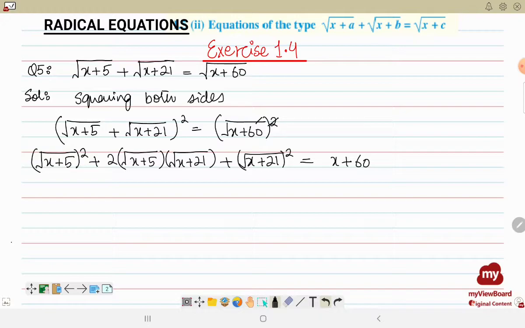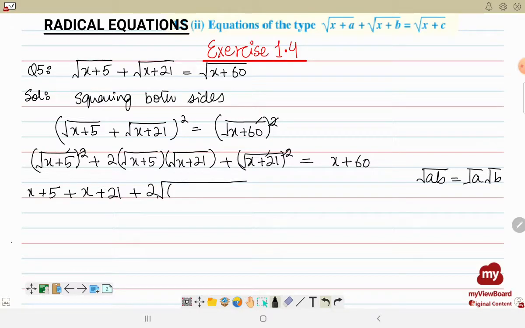Now let's solve the left hand side. The square will get cancelled by the root for x plus 5, and the last term's square will get cancelled by the root. We are having x plus 21. And here we have already read about the property of radicals. If we have separate radical signs, we can combine them.